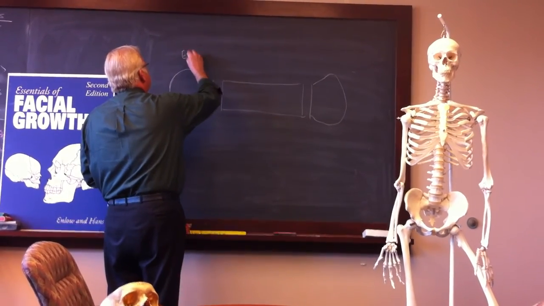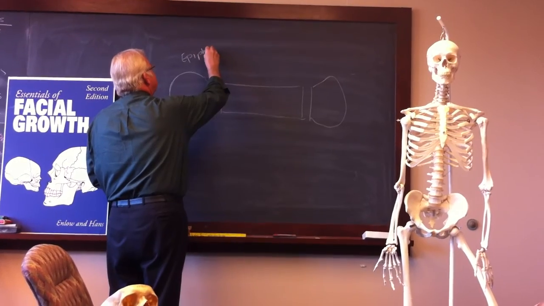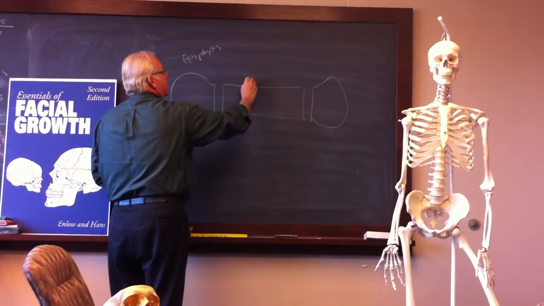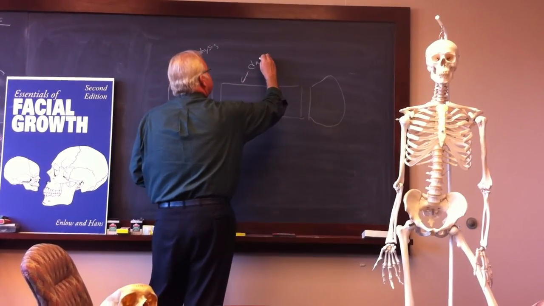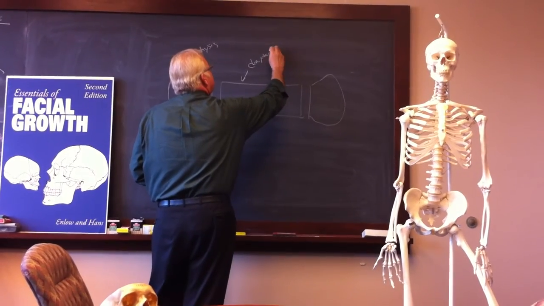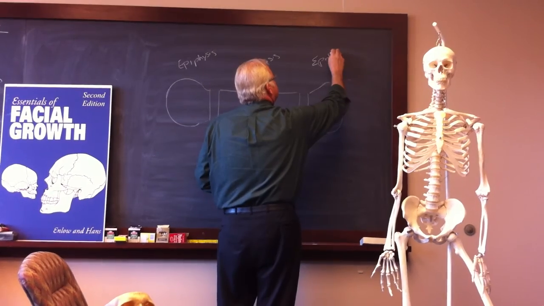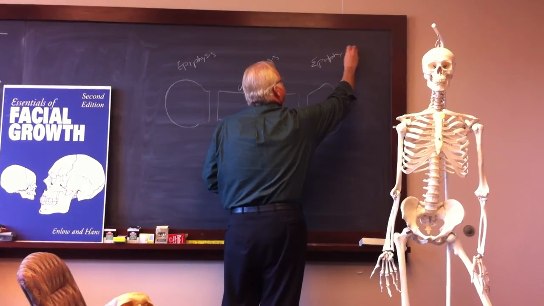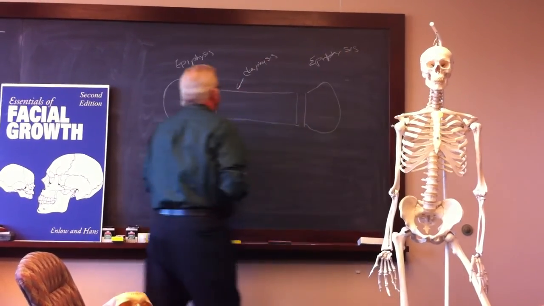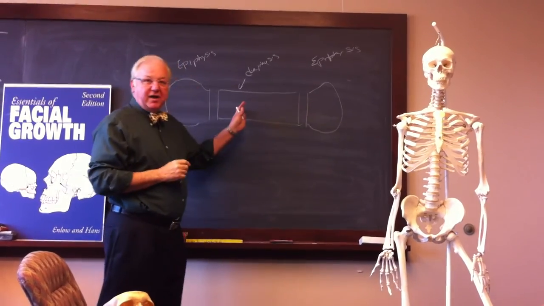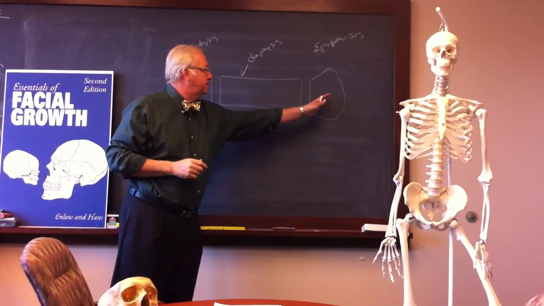There's what we call the epiphysis, the diaphysis, and another epiphysis. So each long bone in a growing individual is actually 3 bones.